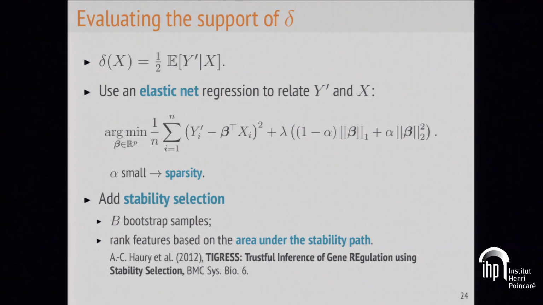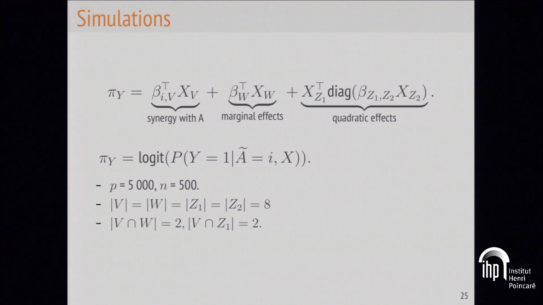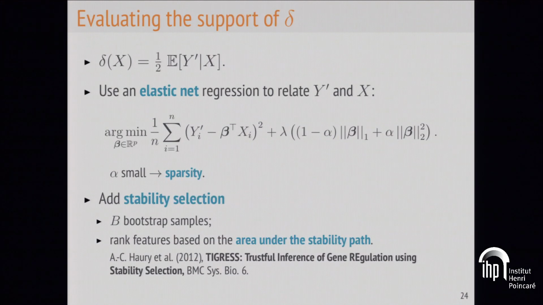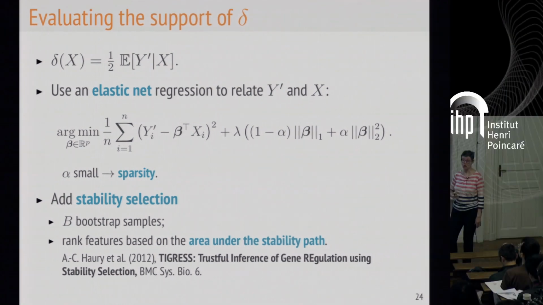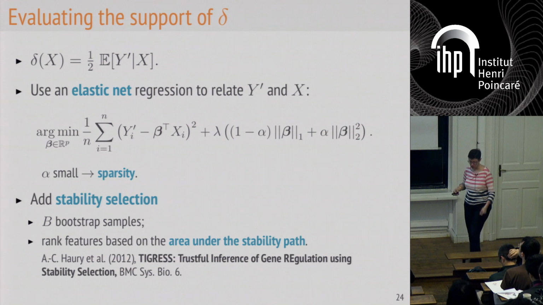So you actually draw your regularization paths, and then you look at the area under the stability path. I don't really have time to go into the details. But it favors not only features that are selected often, but features that are entering the model early. And then the support of your solution here are the SNPs that you are selecting as interacting with your target towards the outcome.